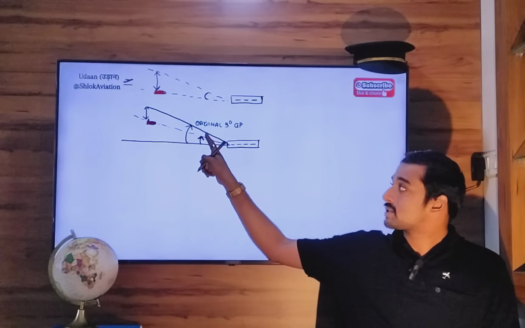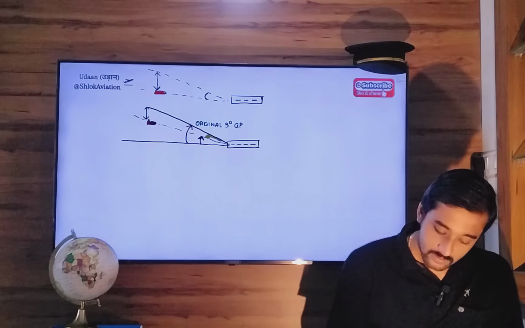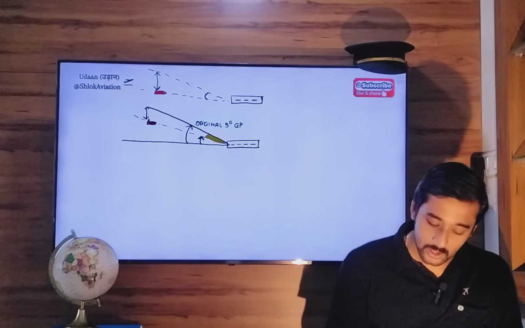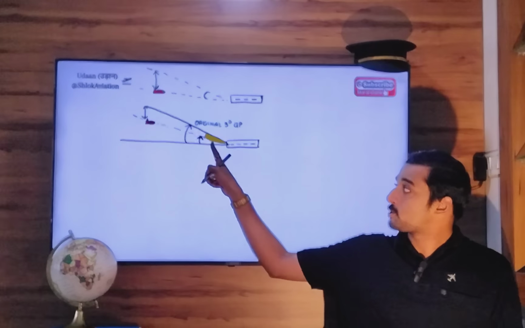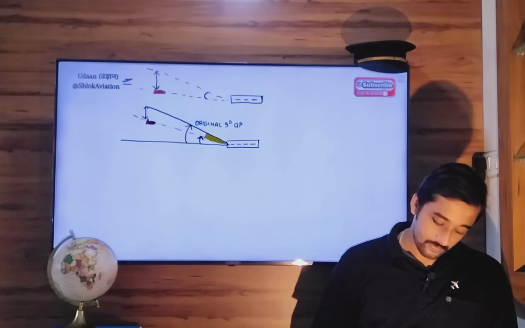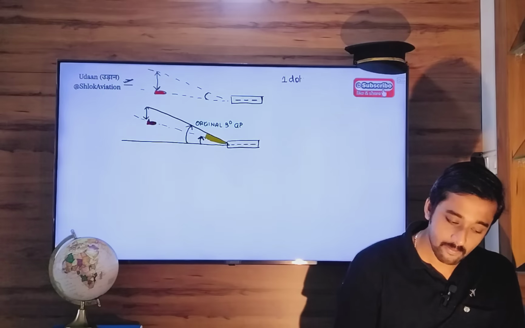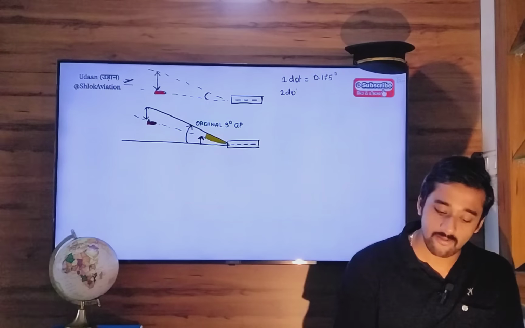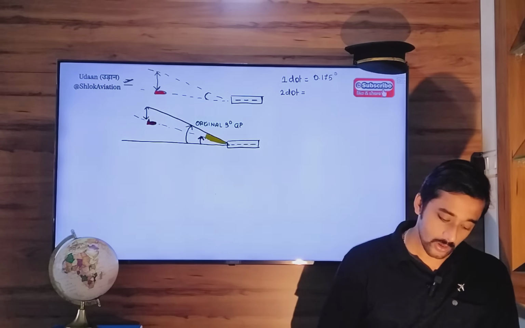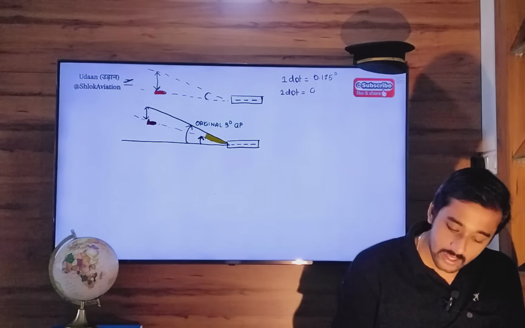We have to subtract this small angle from that total 3-degree in order to get the glide path that aircraft is actually following. Okay, in order to get this particular small angle. Now, one dot equals to, in case of glide path, 0.175 degrees. Aircraft is 2 dots deviated. So 2 dots will be equal to 2 into 0.175, 0.35 degrees.